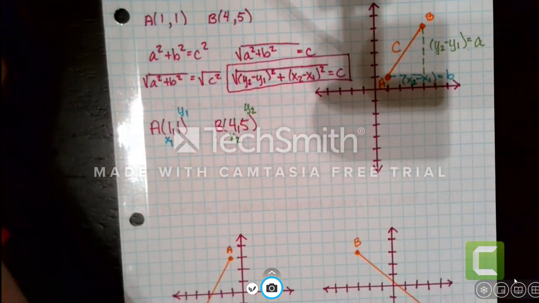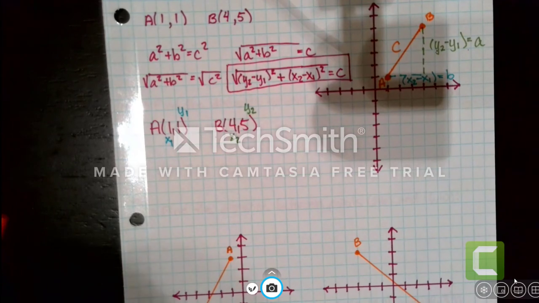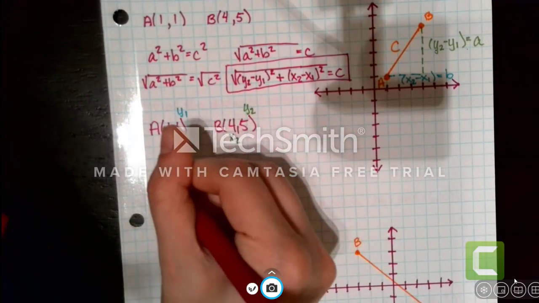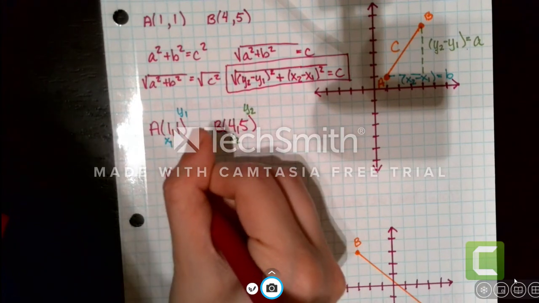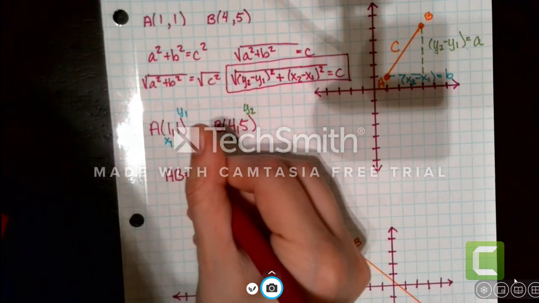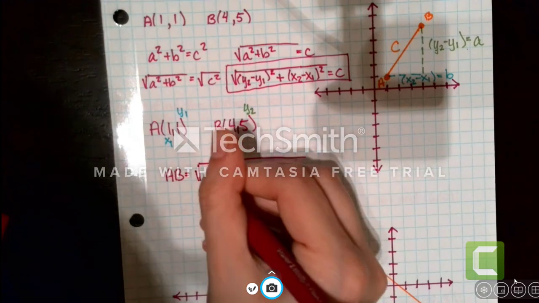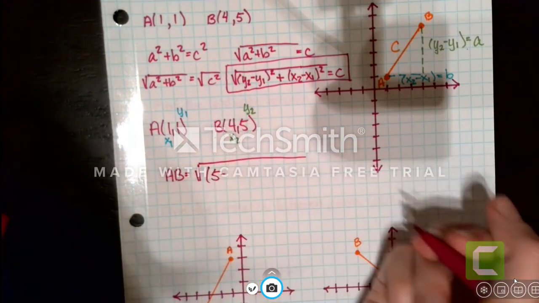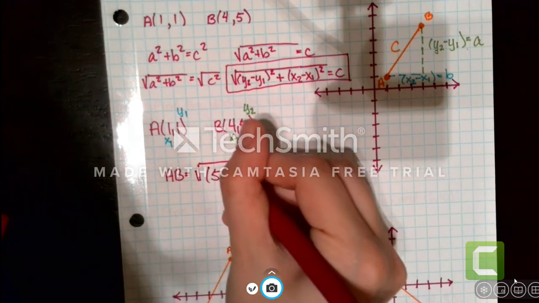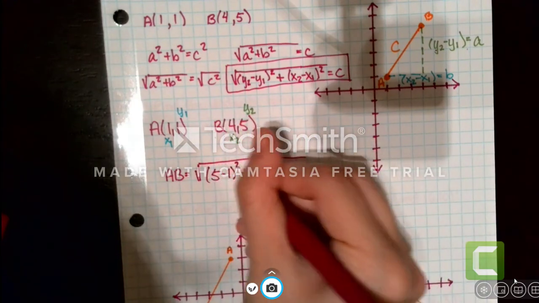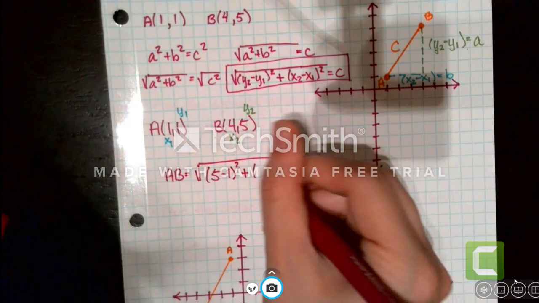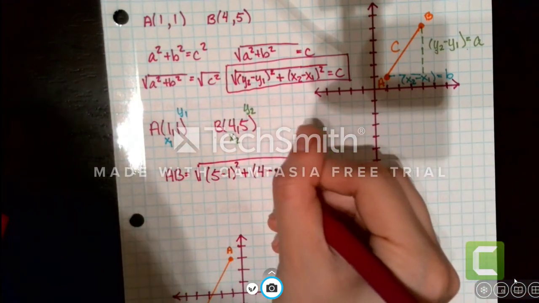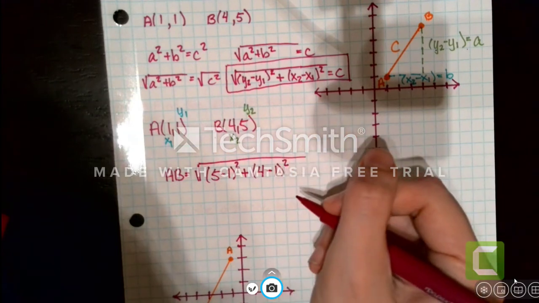Now that we have our points labeled, plug them into your formula to find the distance. Your length of AB is equal to the square root of y2, which is 5, minus y1, which is 1, squared, plus x2, which is 4, minus x1, which is 1, squared.